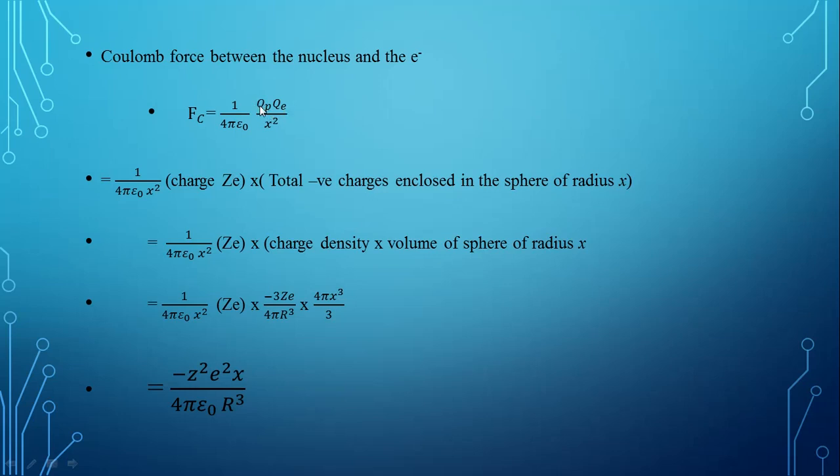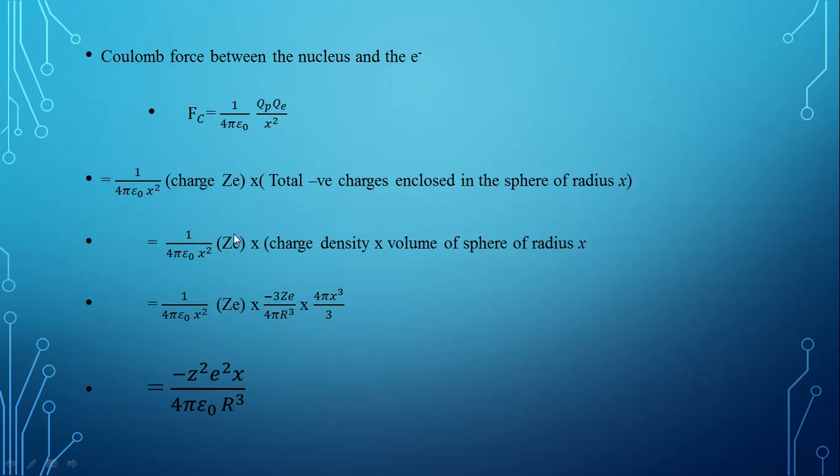Qp is the charge of the nucleus, Qe is the charge of the electron cloud, and they are separated by a small distance x. The charge of the nucleus is Ze, and the total negative charge enclosed in the sphere of radius x is calculated using the relation charge density into volume of the sphere of radius x.